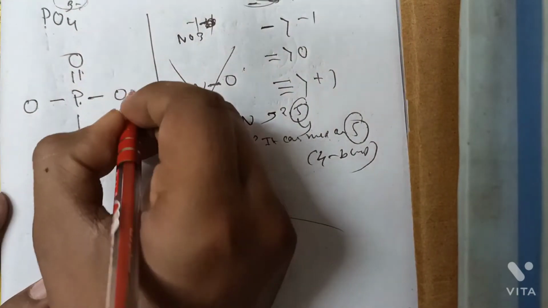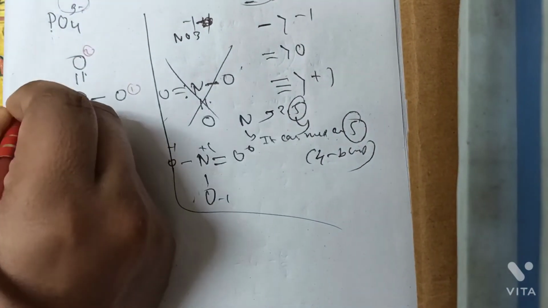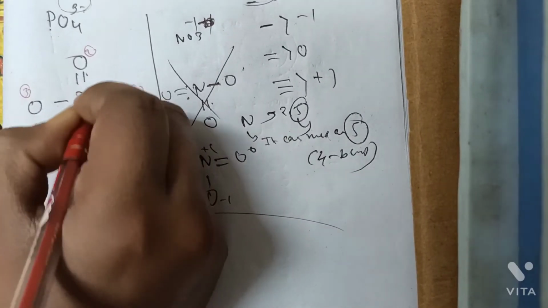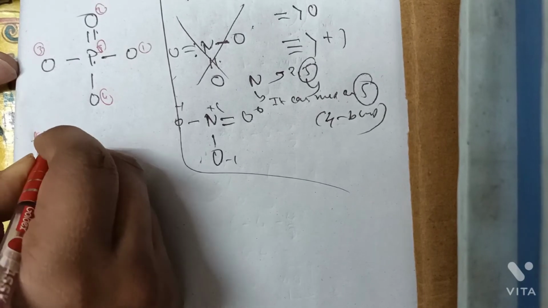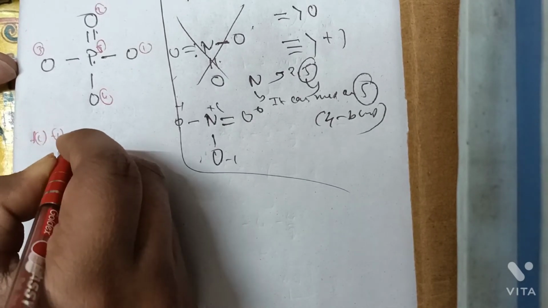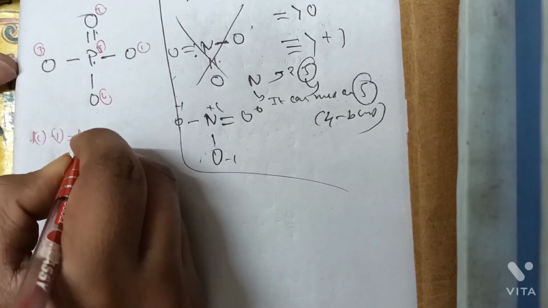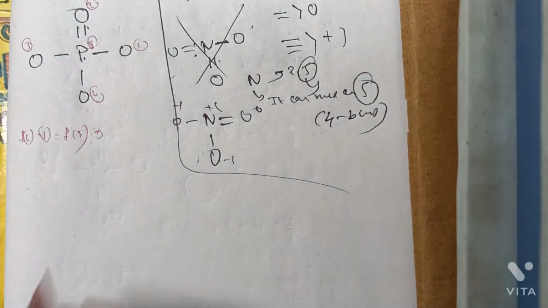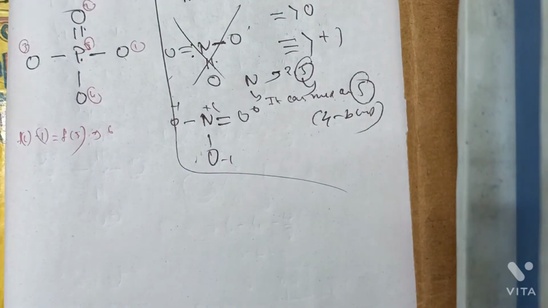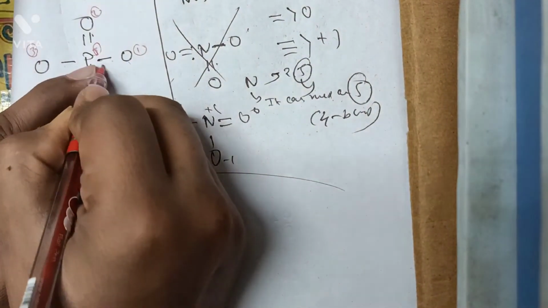First we have to give numbering 1 2 3 4 5. I'm saying again, the formal charge for 1 will be the same as the formal charge for 3. For oxygen, the valence electrons are 6, minus the lone pair electrons, then minus the electrons taken by bond formation.